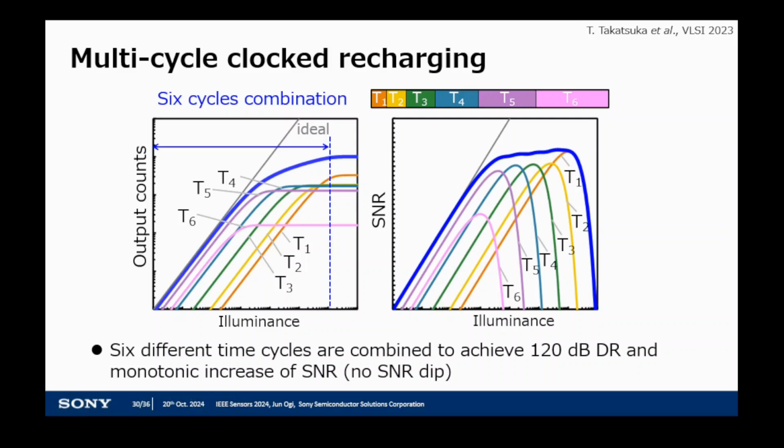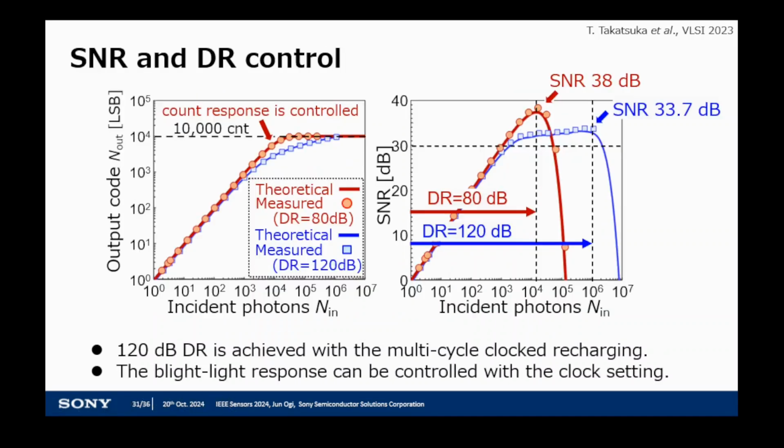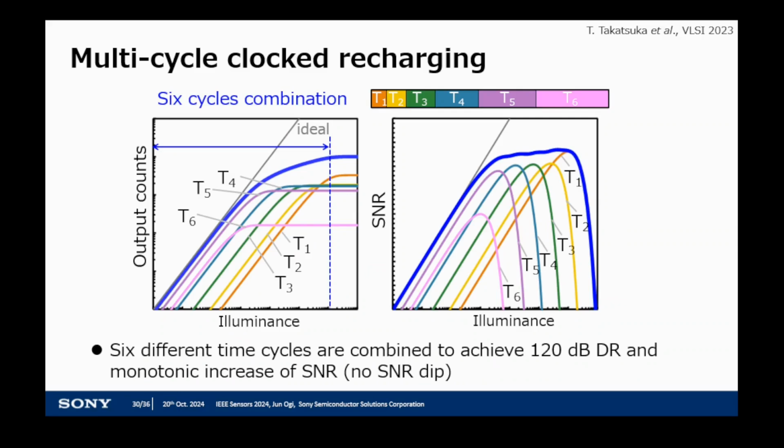And they demonstrate high dynamic range by applying the clocked recharge with a combination of 6 different time cycles. These figures show the counting response and the calculated SNR. The different time cycles can count photons at different illuminance levels, as shown with these thin lines.